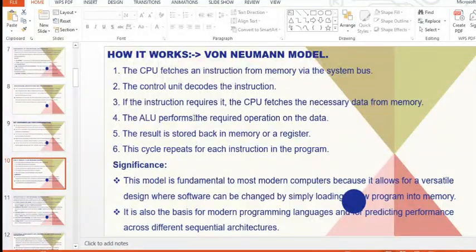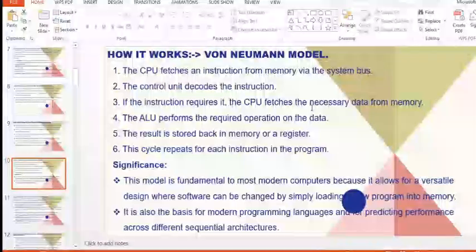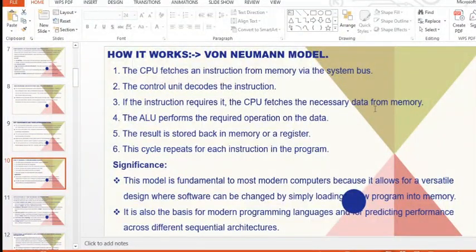Then the control unit decodes the instructions. If the instruction requires it, the CPU fetches the necessary data from the memory via the system bus, which you orchestrate using the main memory of the computer system.